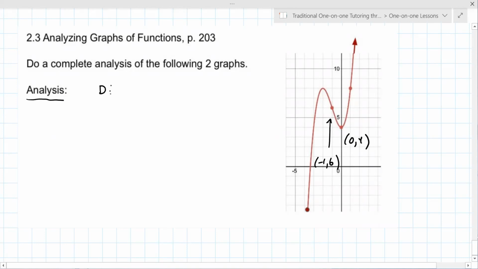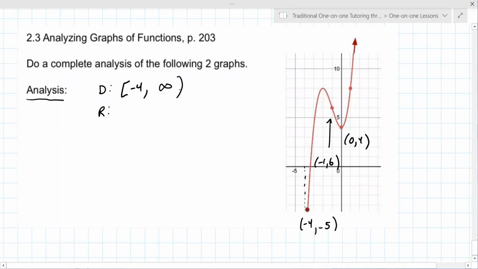So let's start with some simple things like domain and range. What is the leftmost x value? We'll say that's like -4, -5-ish. Okay, so -4. Domain is from -4 on. How far to the right does this go?